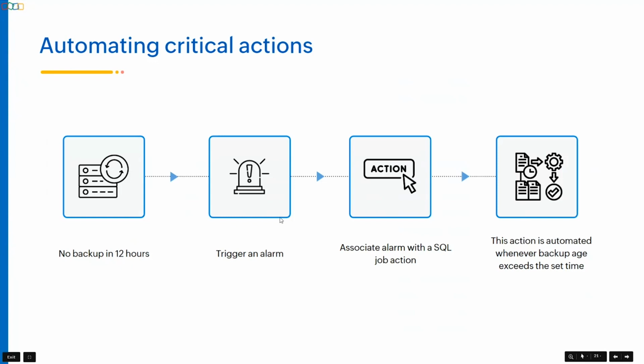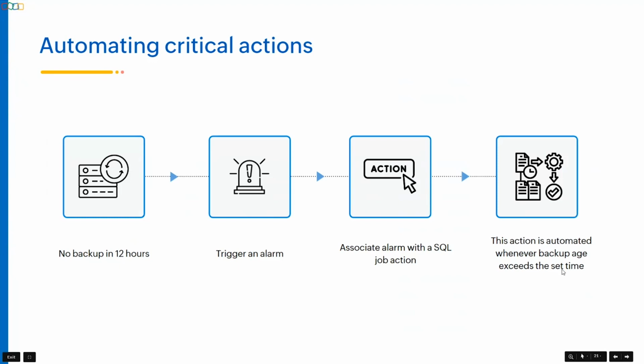So with Applications Manager, if there has been no backup in the last 24 hours, an alarm is triggered. And by associating an alarm with an SQL job action, which is an automated action that performs immediately upon a threshold breach, this action will be automatically performed whenever the backup age exceeds the set time.